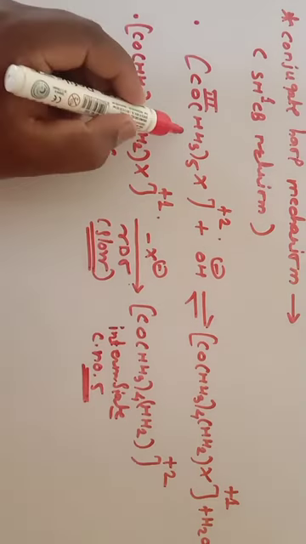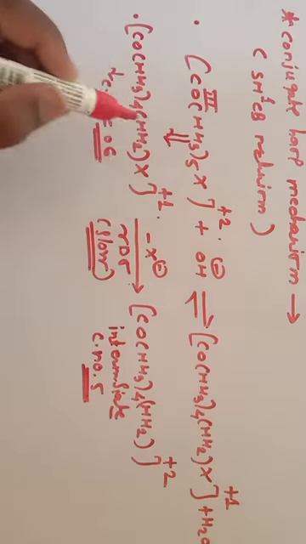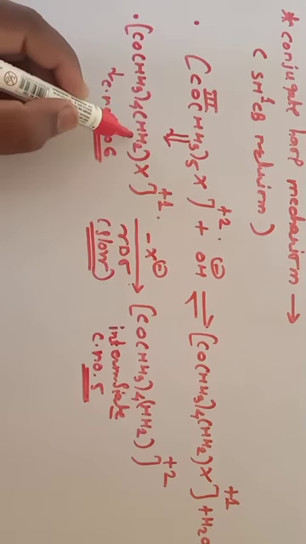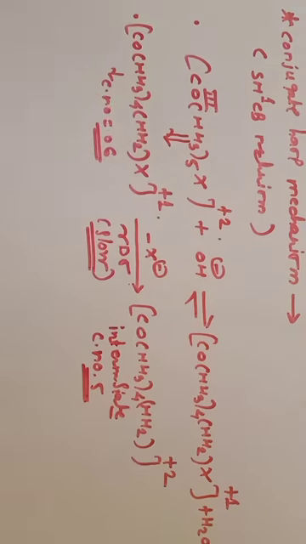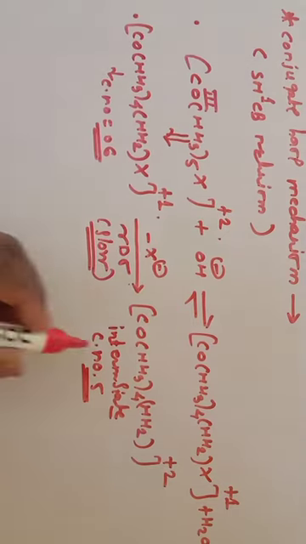So one of the NH3 is converted into NH2 minus, and therefore it is a strong sigma donor and pi donor, and it stabilizes the intermediate which is formed.